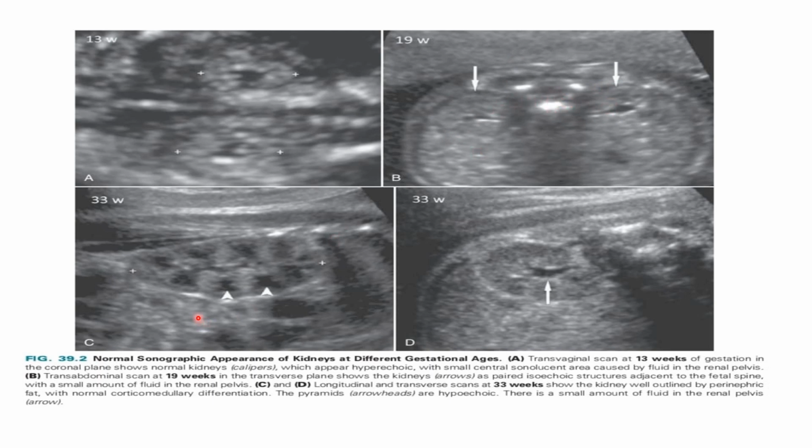This is at 33 weeks of gestation, where you can see a small amount of fluid present in the renal pelvis. This is the transverse plane showing the same.